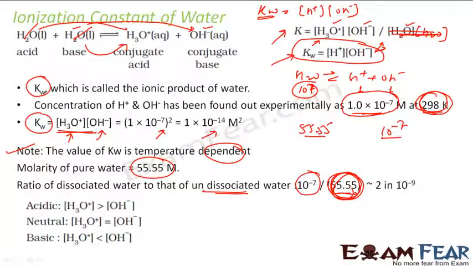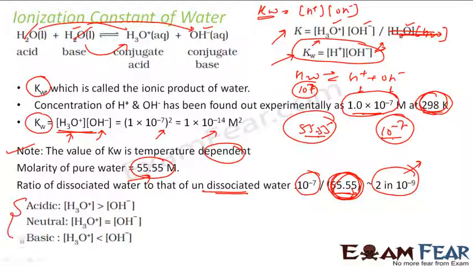So the ratio is approximately 2 into 10 to the power minus 9. That is the ratio of dissociated water to undissociated water.